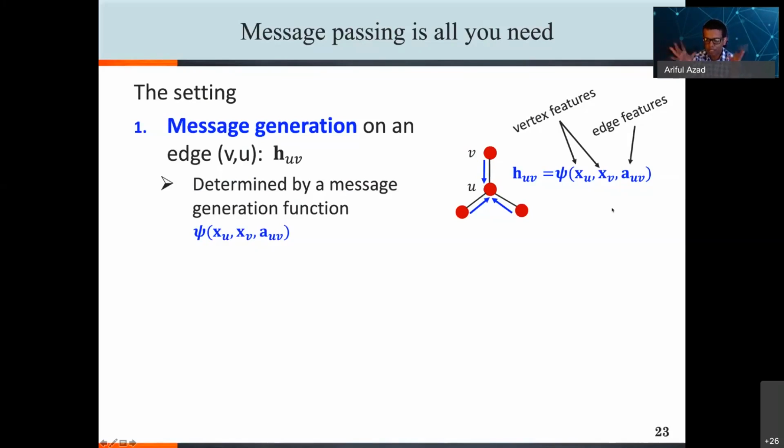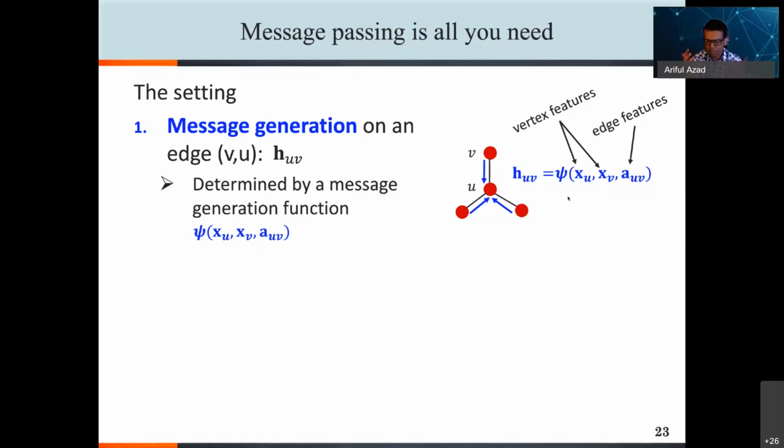I'm packaging everything into a single function psi that generates the message, and we do this for every edge in the graph. The actual function is user defined and can change from one algorithm to another, but I'm just discussing the computational pattern that we see in message passing based algorithms.